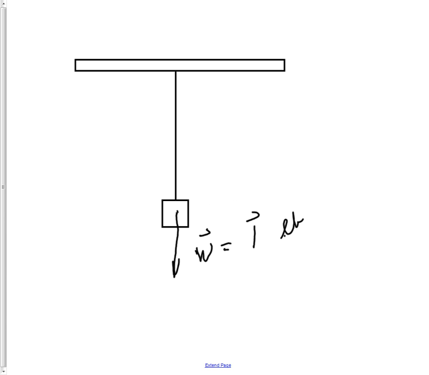We're all smart enough to know that since this is such an easy problem, there will be a force in this direction, which I will call T, which is the force which the string exerts on the coffee cup. And if we now say, what is T? Then the magnitude of T must be 1 pound. And T is called the tension in the string.